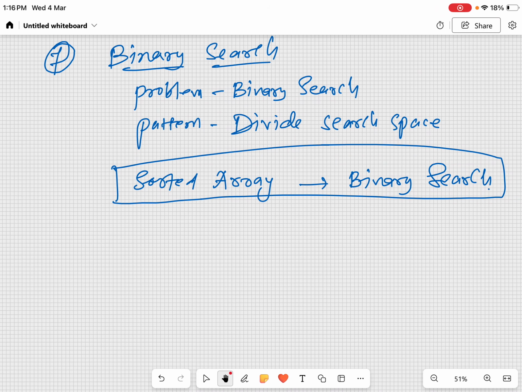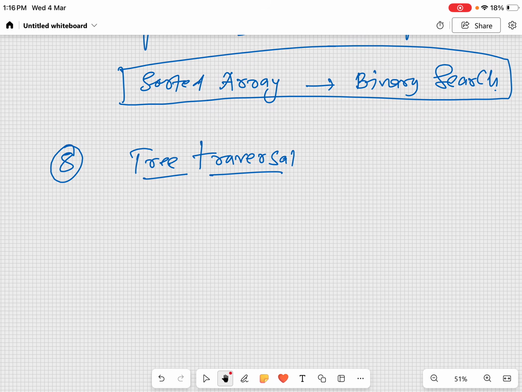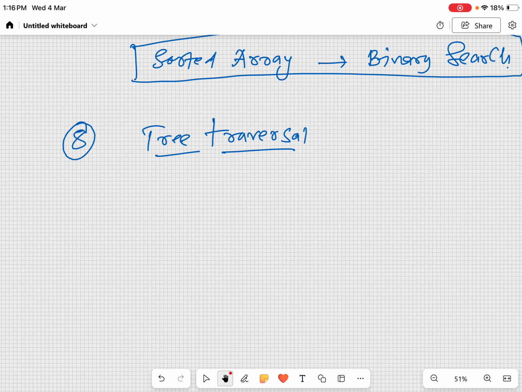Next I would take tree traversal. So here tree depth problems are typically solved using DFS recursion.